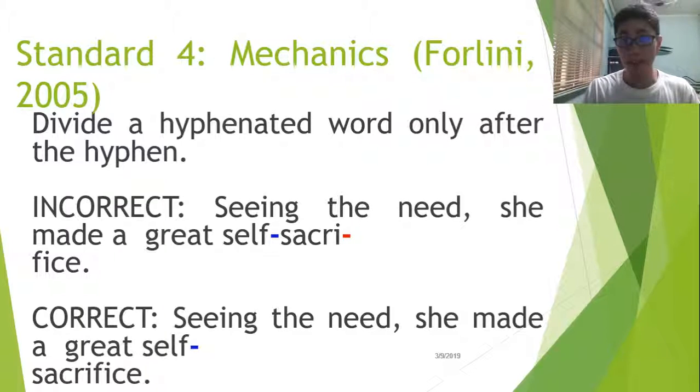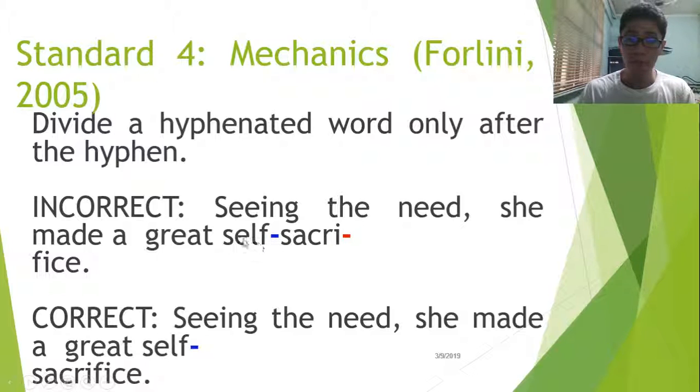Now, divide a hyphenated word. What if it's a hyphenated word that you're dividing? Simply place the next word in the next line after the default hyphen. So here, it's incorrect because sacrifice is divided. It's incorrect because the default hyphen is after self.